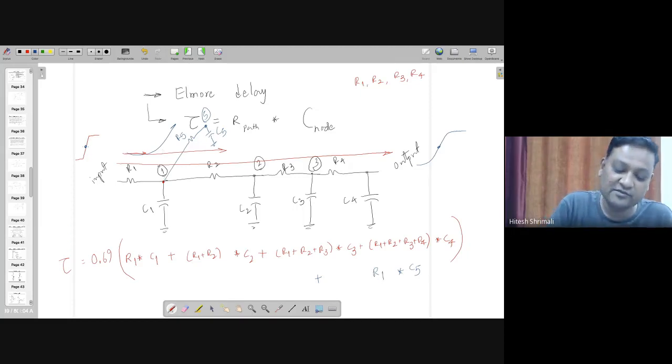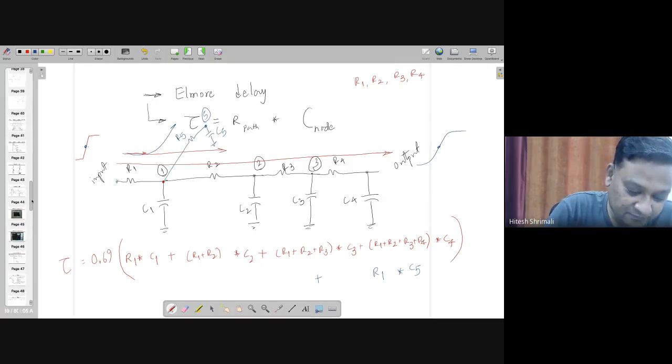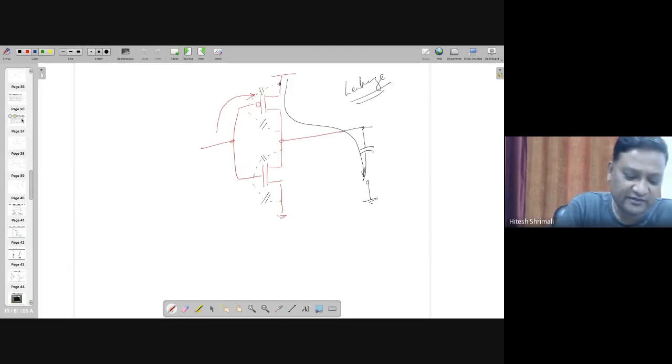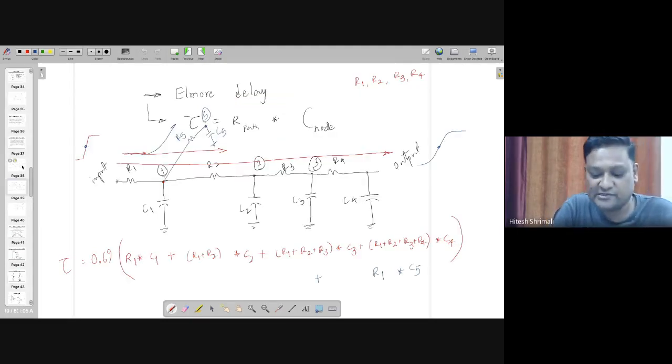Look at this, because actually on the path from input to 5, R1 and R5 are there. However, from input to output, there is only one resistance, R1. And if you take the subset of these two, you will have only R1. Okay, so that's how you can find the Elmore delay. This is the thing we have already discussed in the previous lecture.